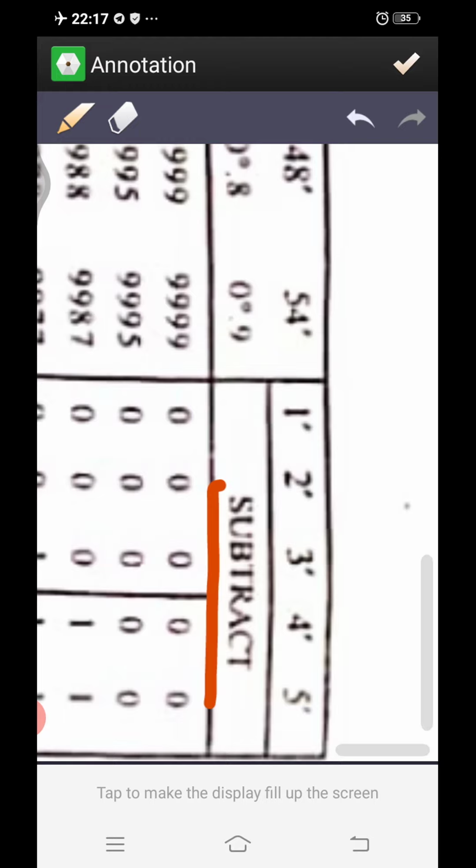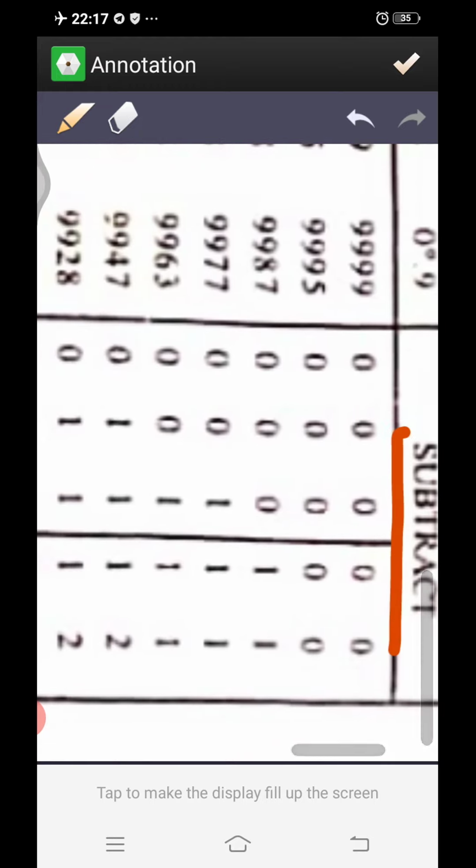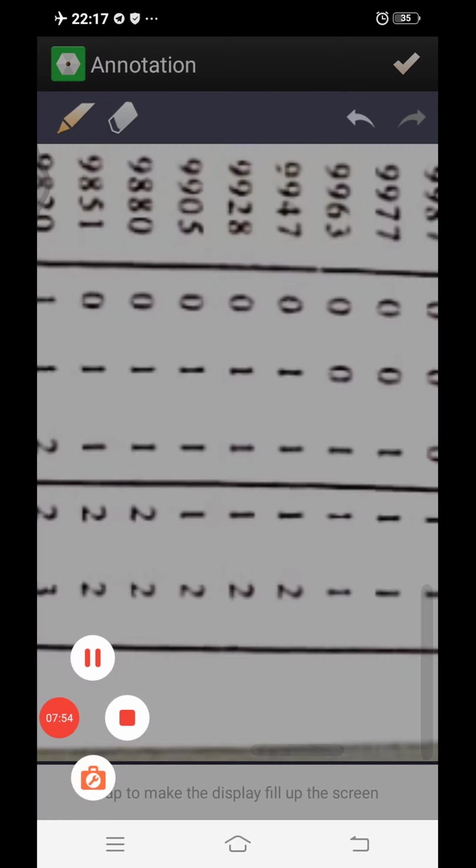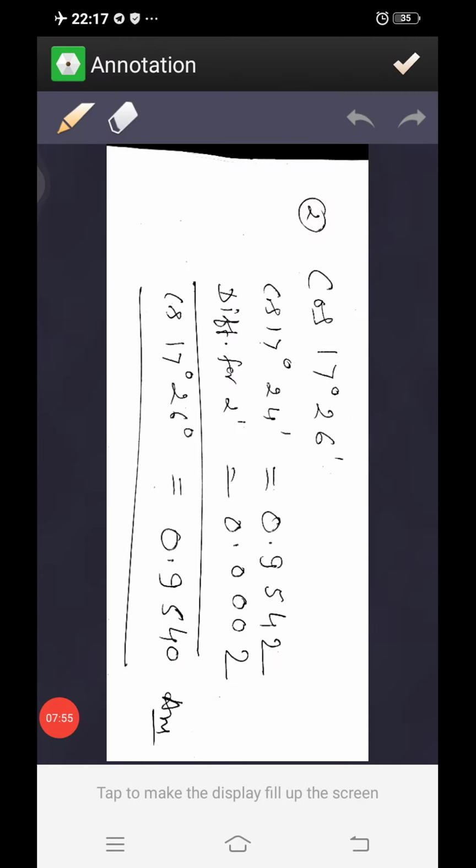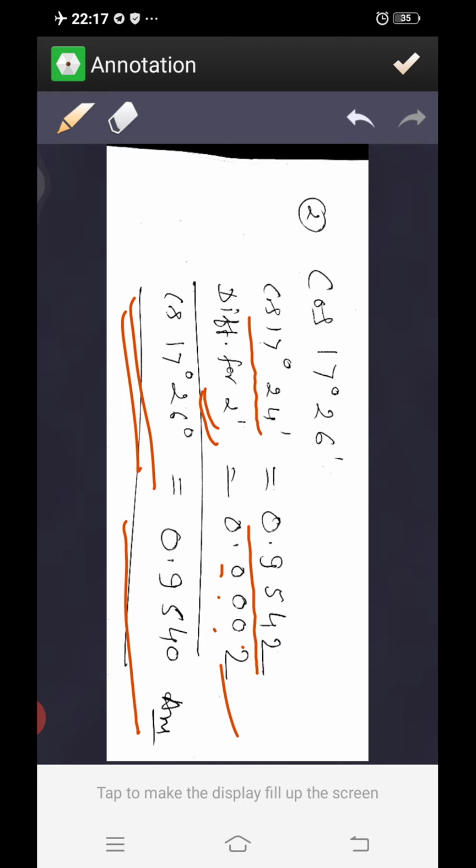So we have taken cos 17 degree 24 minute 0.9542, difference for 2 minutes 0.0002, subtracted. We get 0.9540. So cos 17 degree 26 minutes is equal to 0.9540.